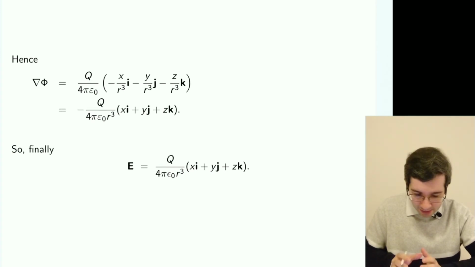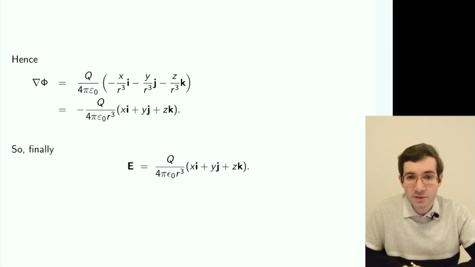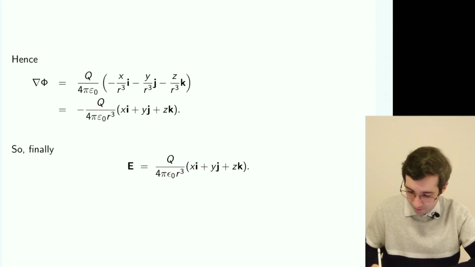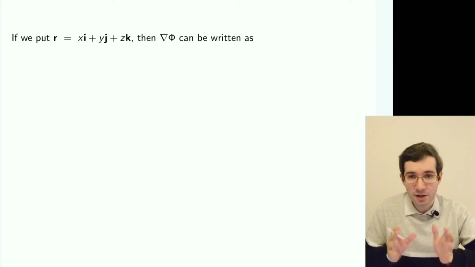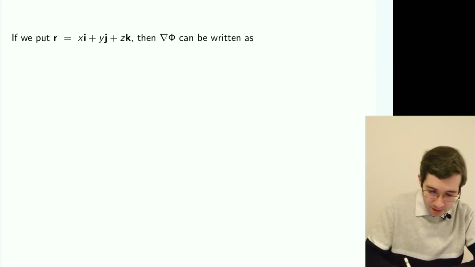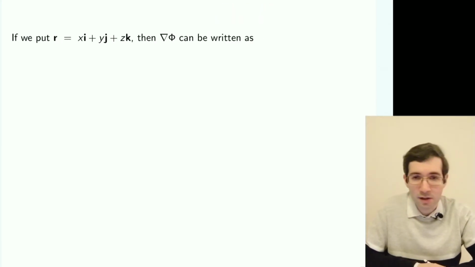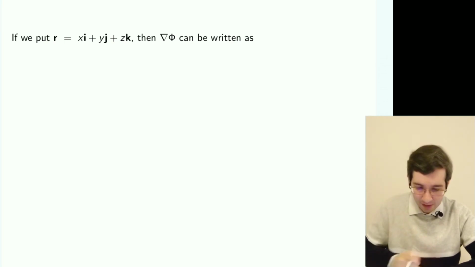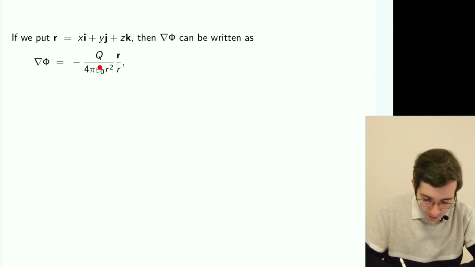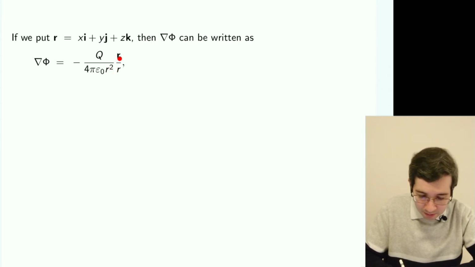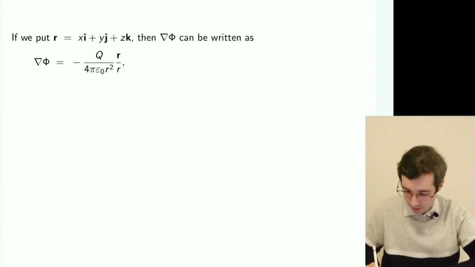So that is actually what the electric field looks like. It's a vector, not a scalar field. And if we use this notation, where r is now the vector r, which has a direction, then we can write it in a much more compact form. So it's a charge over the electric constant, inverse square of the distance, and then r over r, this vector r over its magnitude.